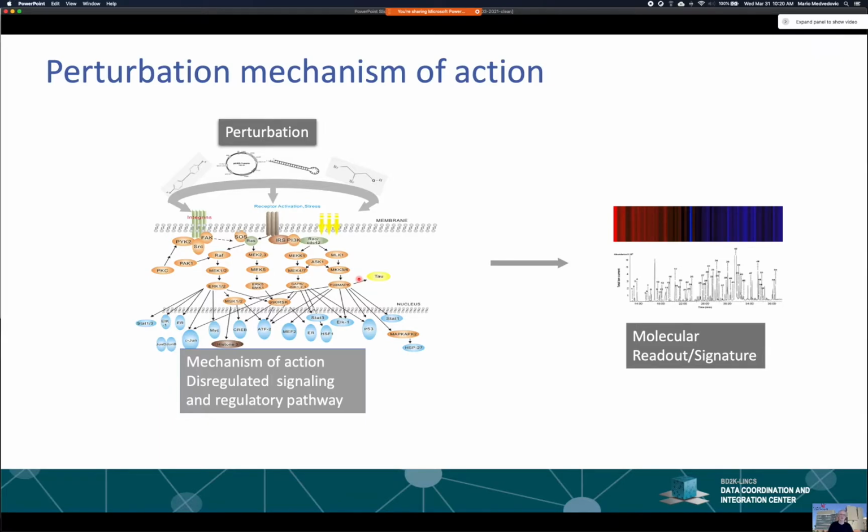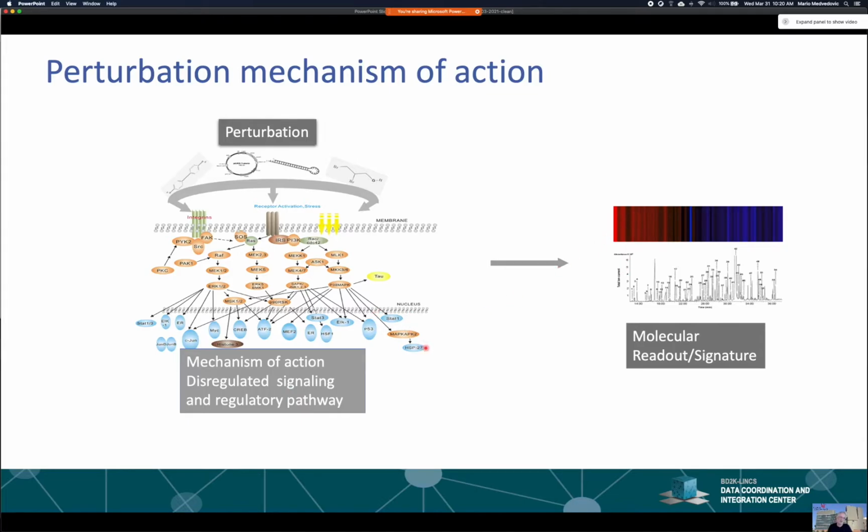What we are going to be doing now is, suppose that we have some kind of perturbation acting on our biological system. This is now represented by one of these pathways, the MAPK signaling pathway. And what happens is this perturbation interacts with some of the elements of this pathway, which then triggers a signaling cascade that results in activation of some of these transcription factors and upregulation or downregulation of genes.